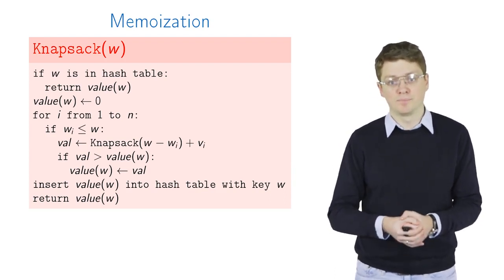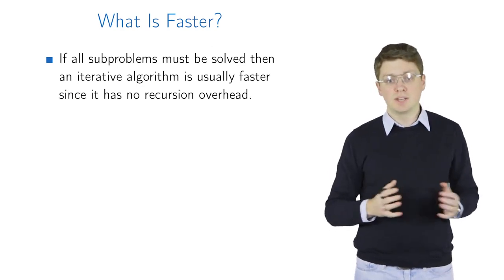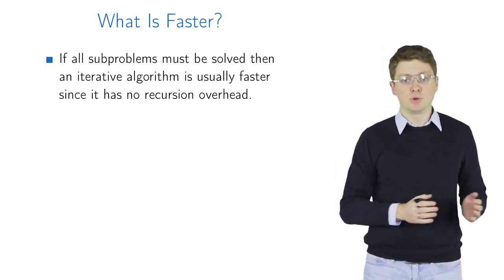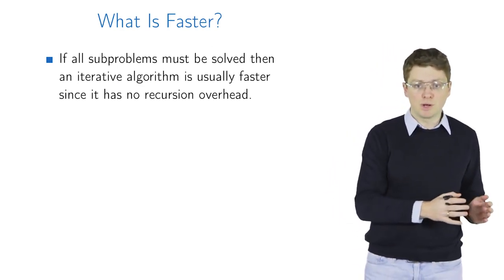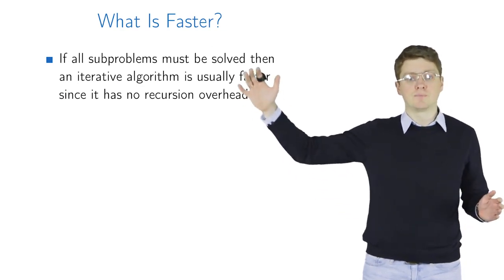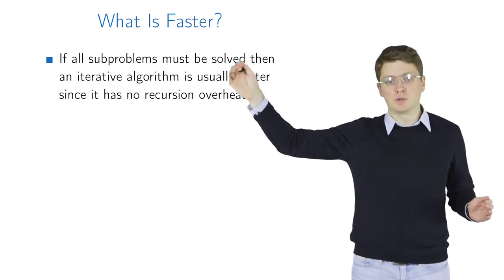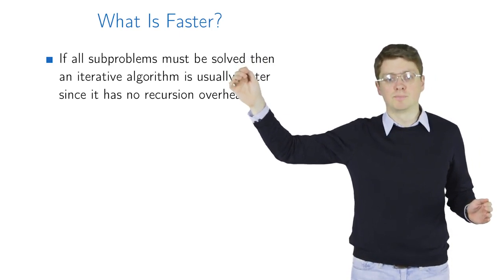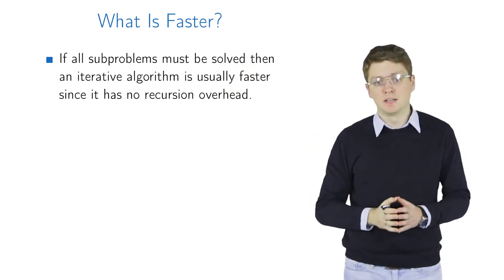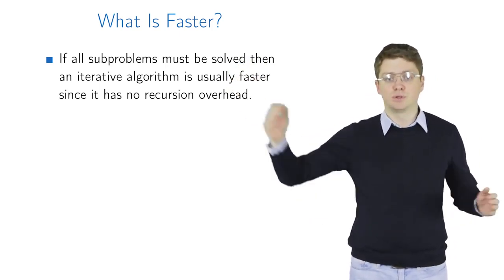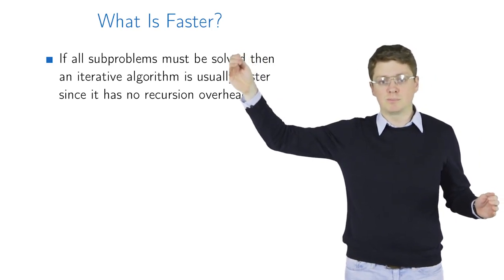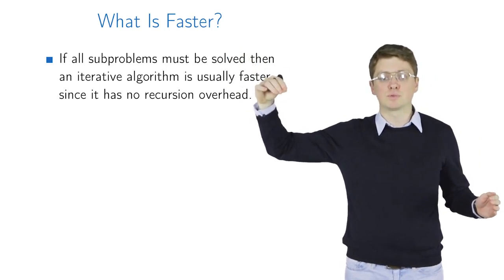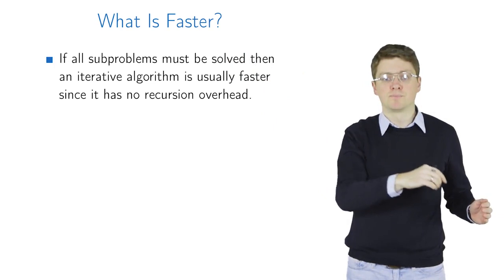Once again, an iterative algorithm solves all subproblems going from smaller ones to larger ones, and eventually solves the initial problem. On the other hand, the recursive algorithm starts from the initial problem and makes recursive calls to smaller subproblems.